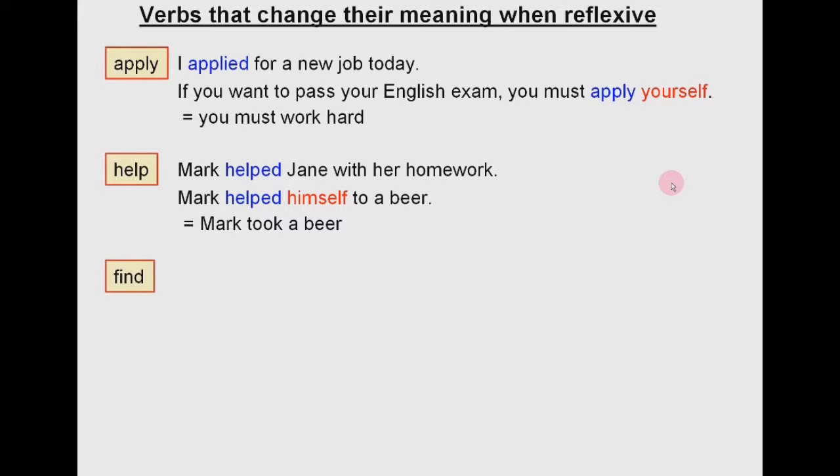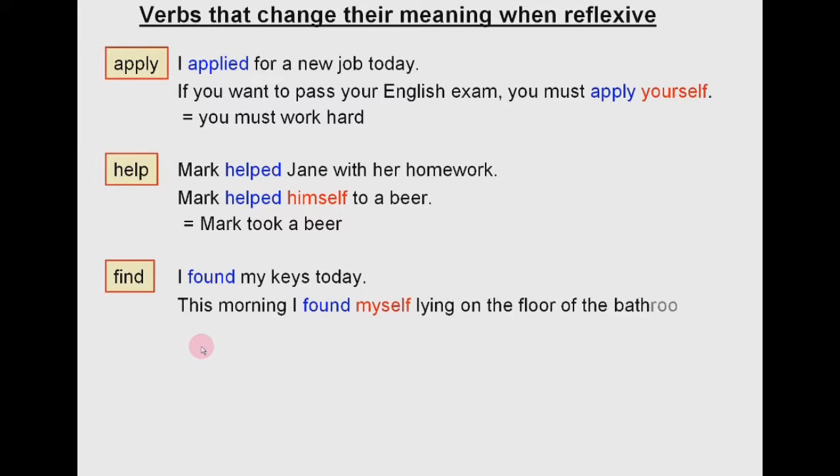Find. I'm sure you all know what the word find means normally. If you lose something, then later you find something. I found my keys today. But when it is a reflexive verb, it is very different.